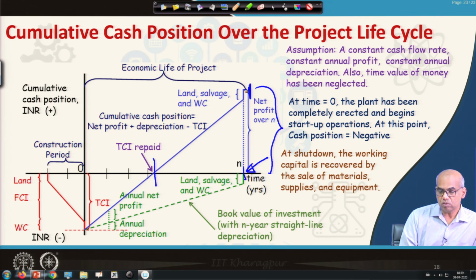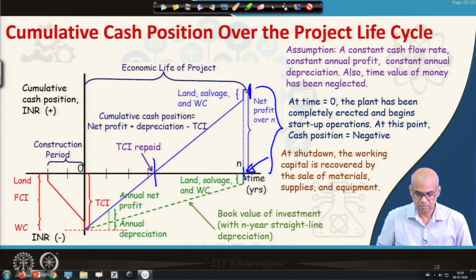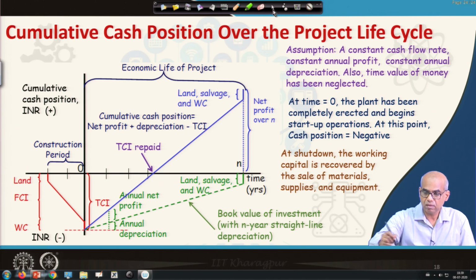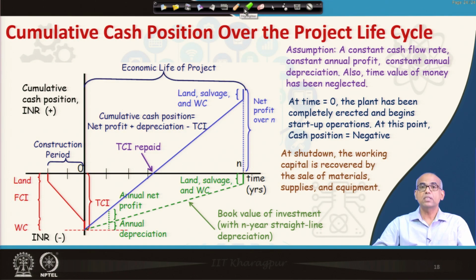Land can also be sold or can be reused for some other plant. So, this figure also represents the concepts that we have discussed in the previous tree diagram, but in terms of cumulative cash positions.